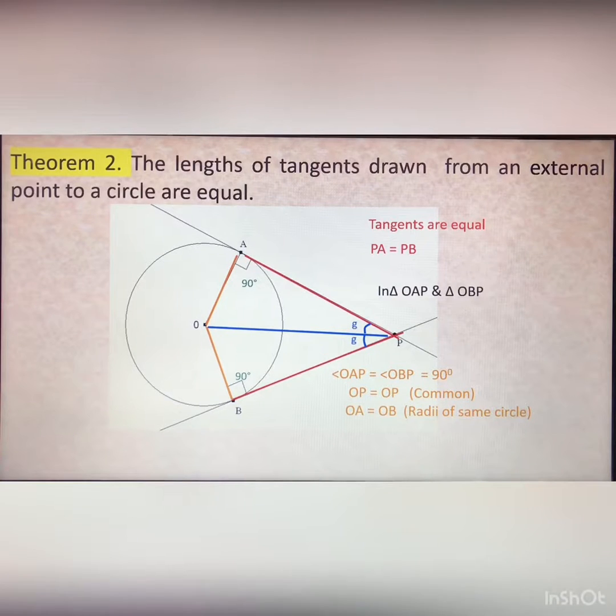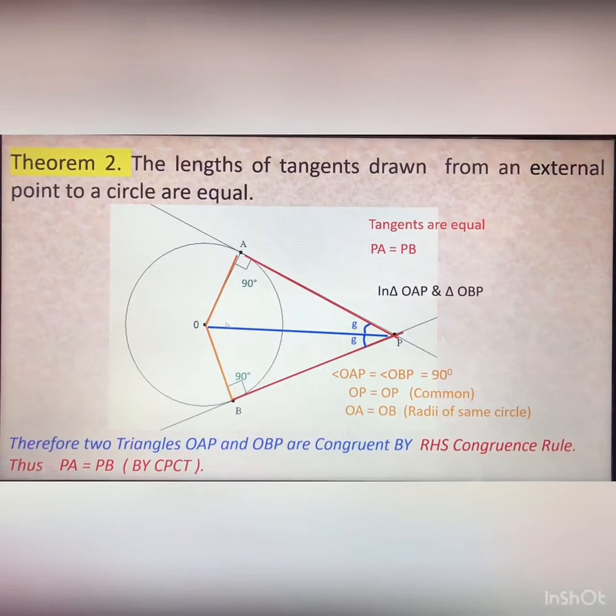So these are three points. One is the angle and two are the sides. But the angle given here is 90 degrees and the common side is the hypotenuse. So which criterion will you use here? RHS. By the RHS criterion, you can say that triangle OAP is congruent to triangle OBP.